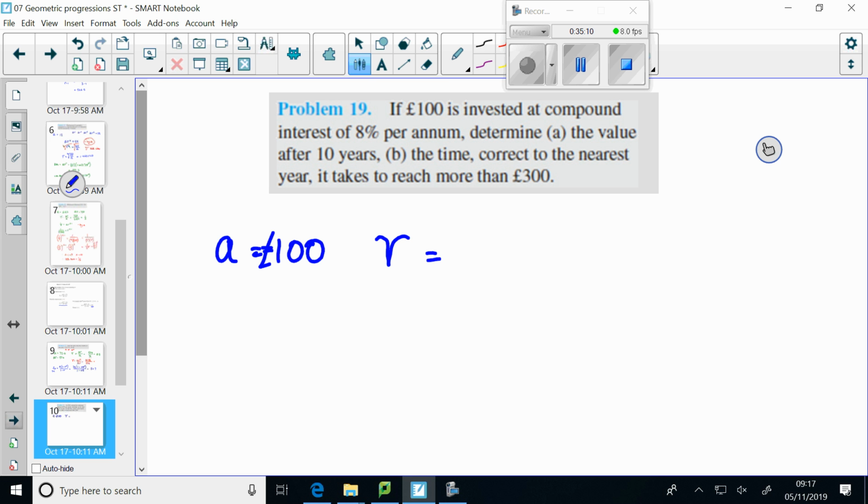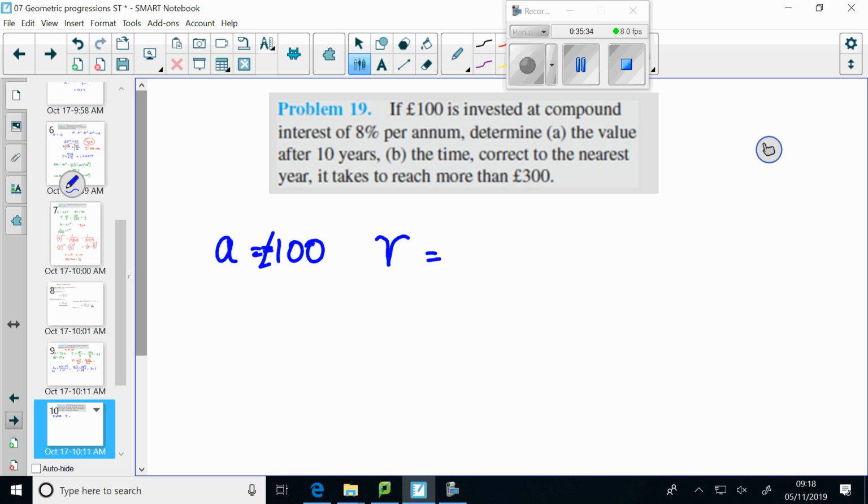First of all, are we looking for a geometric progression that diverges or converges? We put money in the bank with interest, we want it to get bigger. So we know it must be greater than 1. If that was 2, the interest would be 100%, wouldn't it?